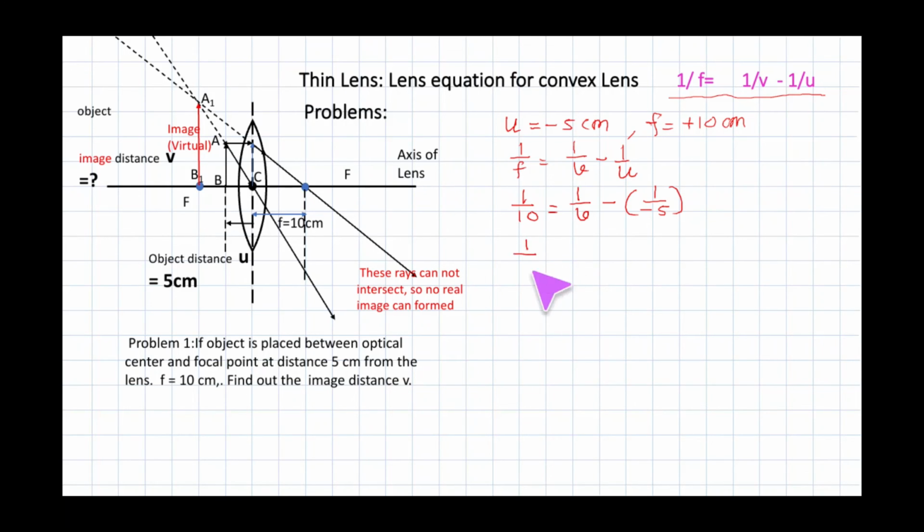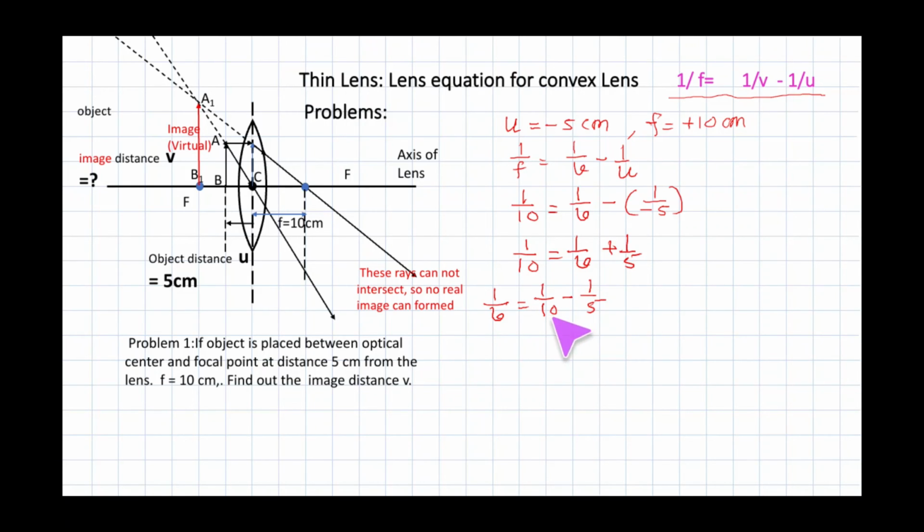So 1 upon 10 is equal to 1 upon v minus minus plus, that is 1 upon 5. So 1 upon v is equal to 1 upon 10 minus 1 upon 5.